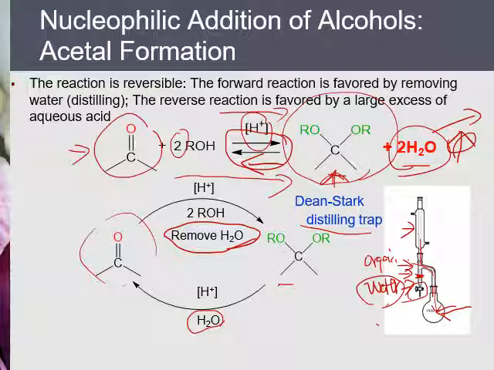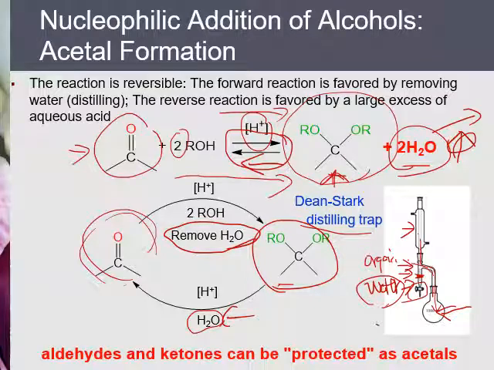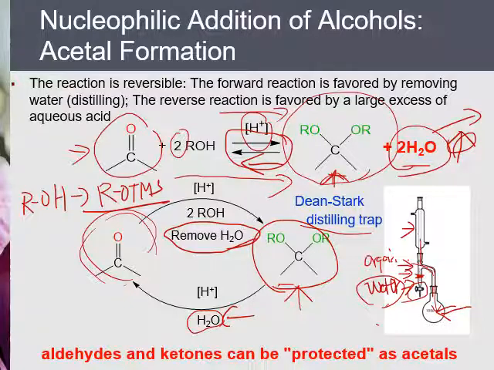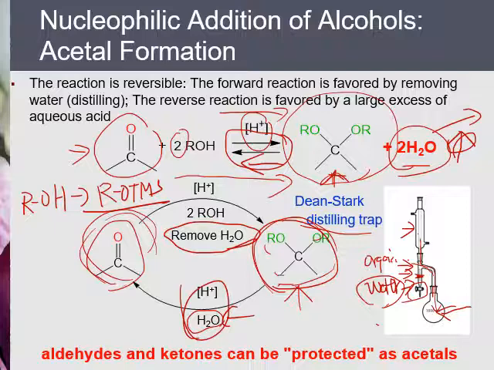On the other hand, if you add water, the acetal will go back to the ketone or aldehyde, and that suggests that we can use the formation of acetal as a protection method for the ketone or aldehyde, just like alcohols can be protected by forming OTMS. Remember? Here we can protect ketones or aldehydes by forming acetals, and then in the end, we can remove the acetal by adding water, so it goes back to the ketone or aldehyde.